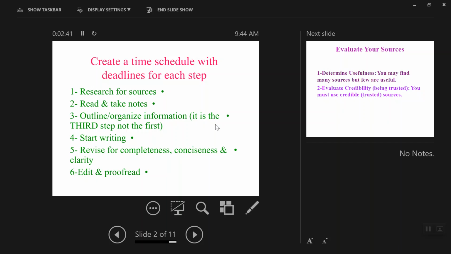And I wrote here, it is the third step, not the first. Sometimes when we give titles, topics to our students, and we ask them to make an outline, they come the second day and they bring an outline. So something is wrong. As I said at the beginning, you have to search.